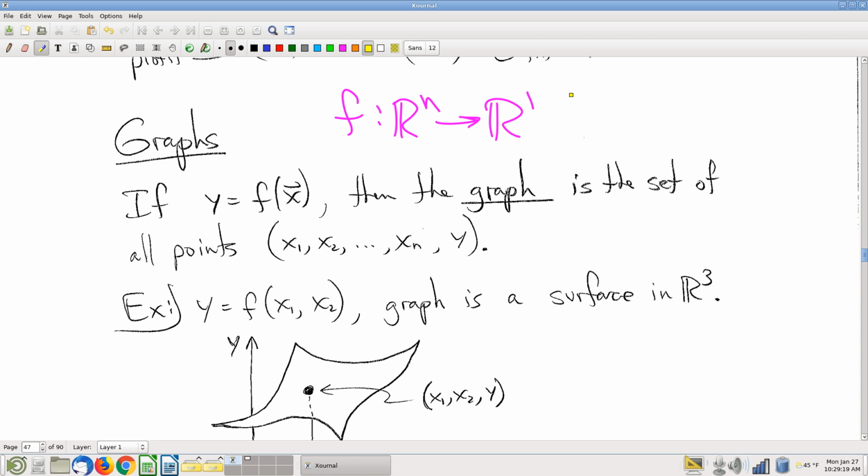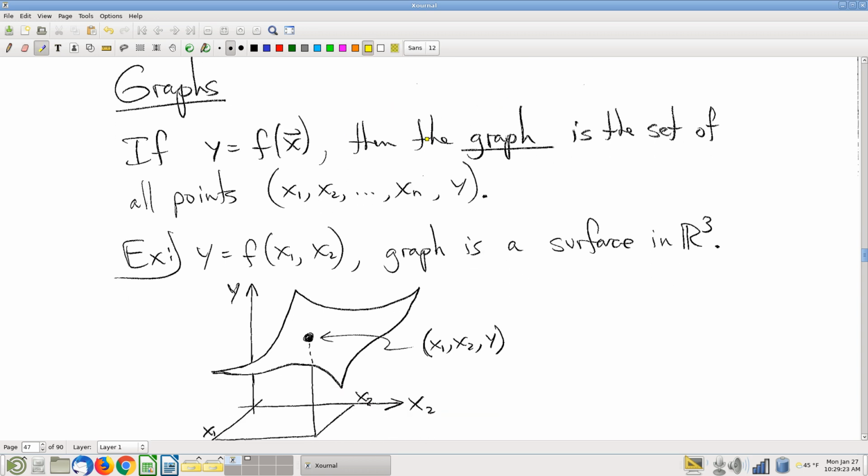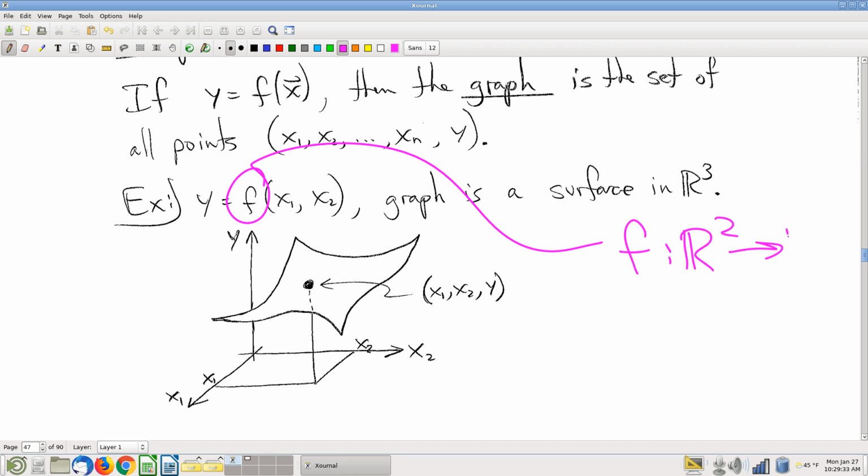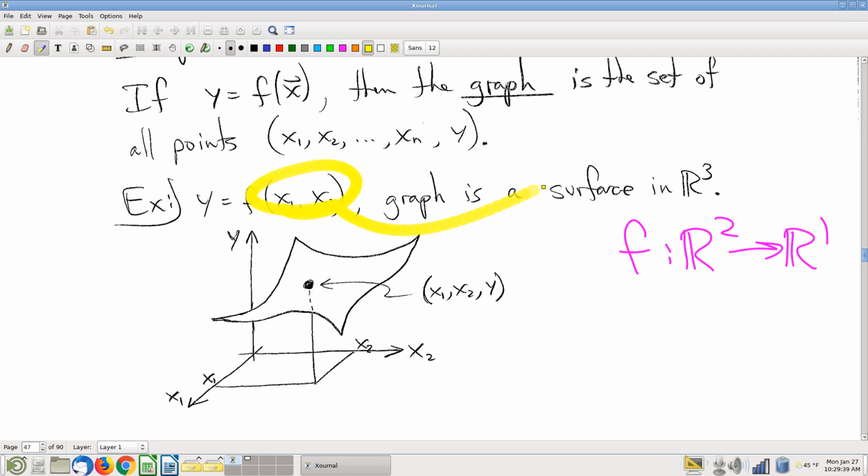Now, let's have a slightly more relatable example. Let's get a picture on the page. It's very satisfying. Let's consider this function here. I'm going to say this is f from R2 to R1. Notice the inputs have 2 coordinates, which means they're vectors in R2.